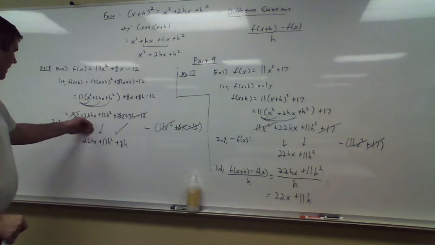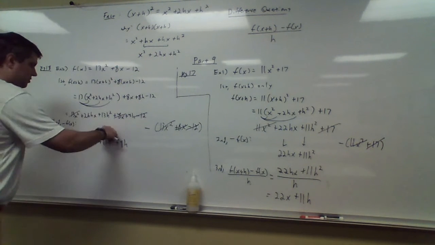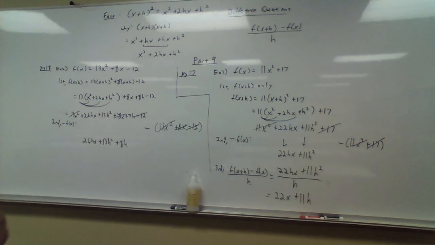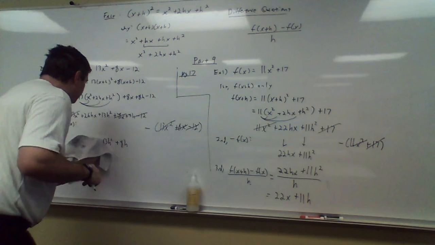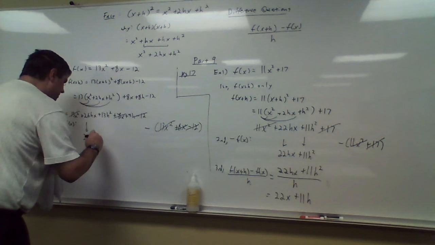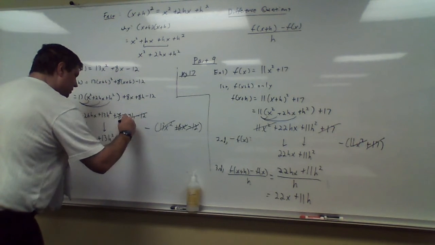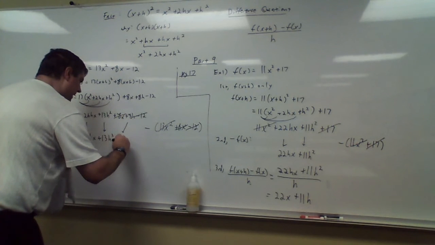Okay, I'm going to reorient the arrows. Actually, let me just go ahead and do all that again. Okay, so this is going to be 26hx plus 13h squared plus 8h.